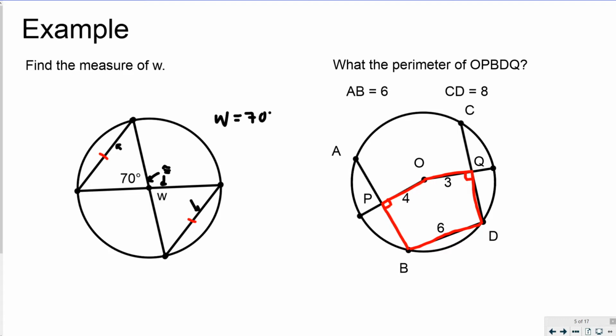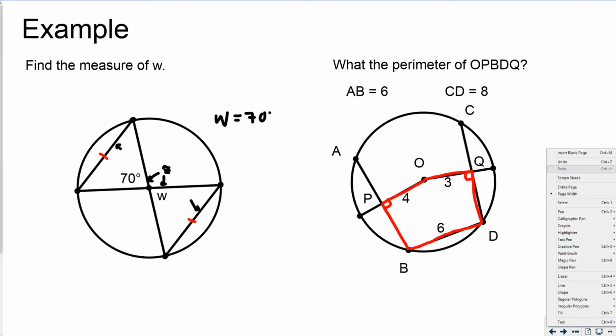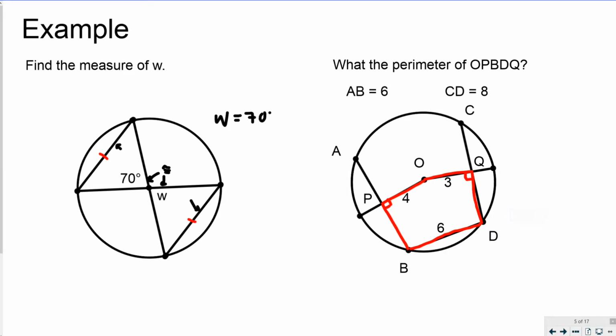So a later property that we're going to get into that will help us a little more with this is that when the chord here, CD, measures 8, and a radius like OQ intersects it at 90 degrees, it cuts it in half. So this would be 4 up here, and this would be 4 down here. And then the same thing can be said for AB.